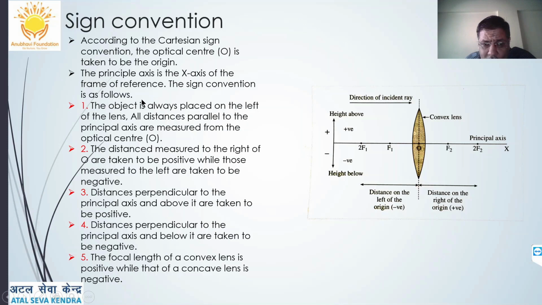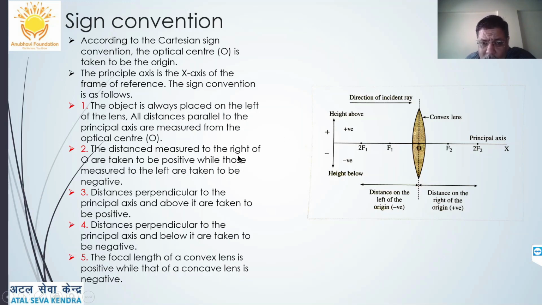The sign convention is as follows. The object is always placed on the left hand side of the lens. All distances parallel to the principal axis are measured from the optical center only, that is, it is taken as the origin.